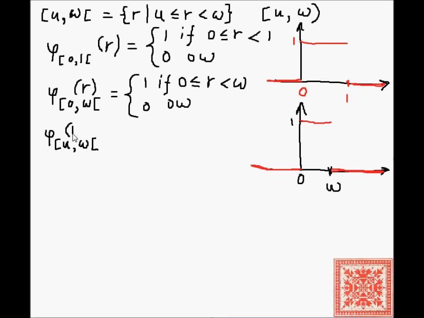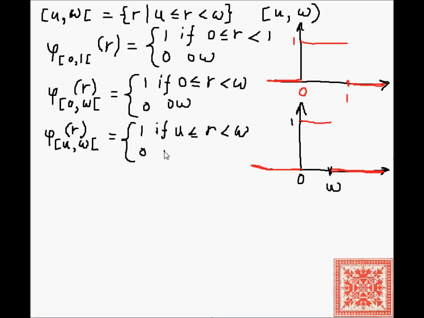excluded, right? So phi of r on that interval is going to be equal to 1 if the value of r is greater than or equal to u and strictly less than w, and 0 everywhere else.